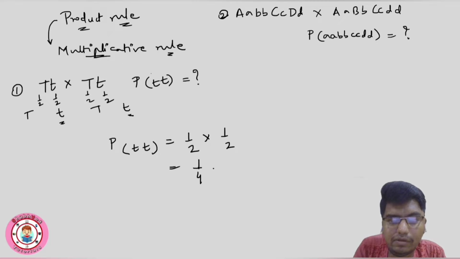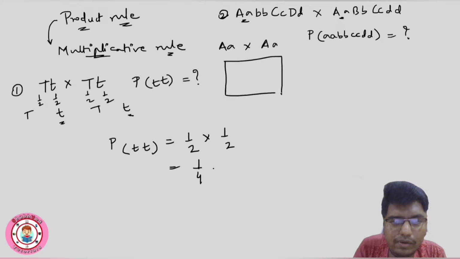We will consider it one by one. First we will consider Aa into Aa, this and this. Then with the help of a Punnett square we can do it. 1 upon 4 will come. See, capital A, small a, capital A, small a.